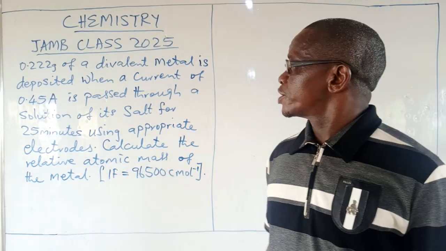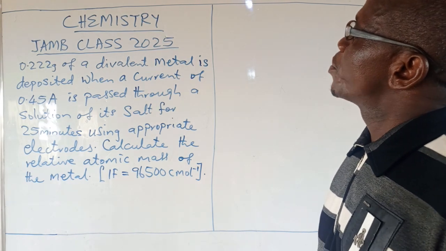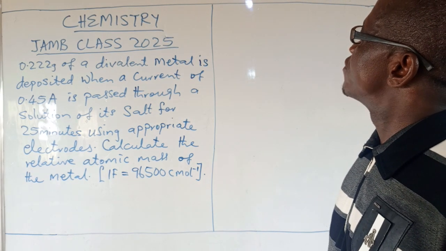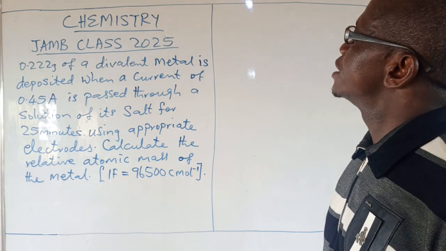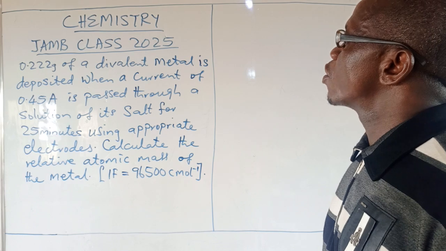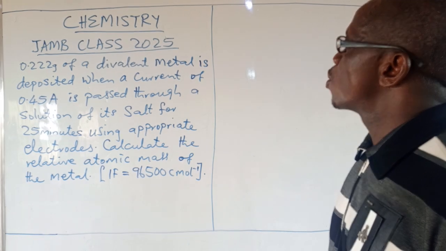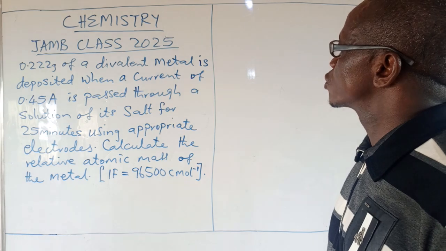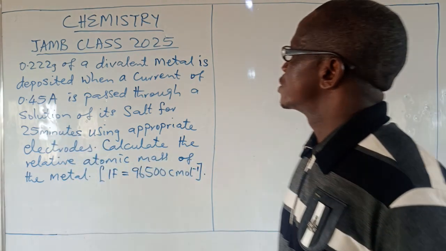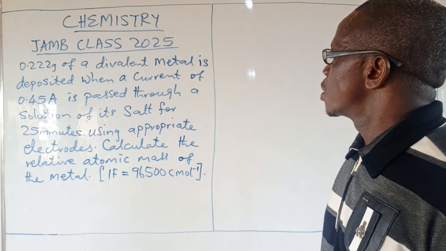This was the question, and the question says: 0.222 gram of a divalent metal is deposited when a current of 0.45 ampere is passed through a solution of its salt for 25 minutes using appropriate electrodes.